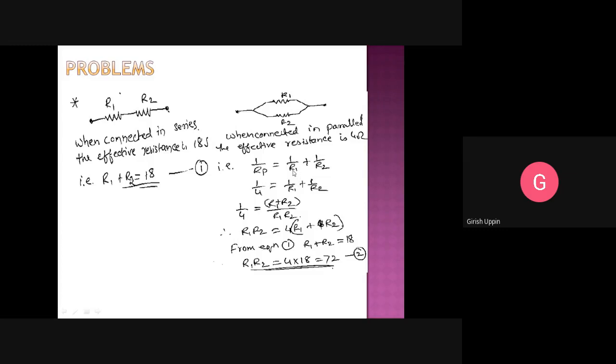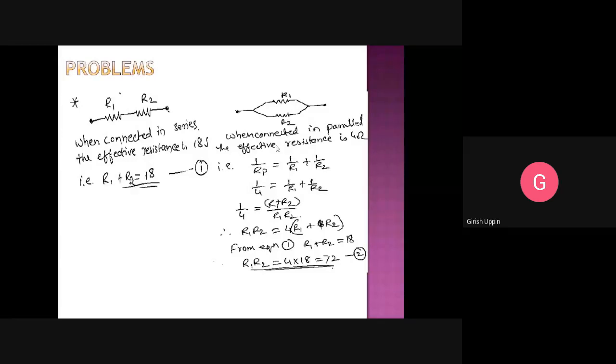Let us say this is 5 ohm and this is 4 ohm, just for the sake of an example. RP would be definitely less than 4 ohm. You have to remember that. The equivalent resistance would be smaller than the smallest resistance connected in the branch. That is one way of doing the verification.